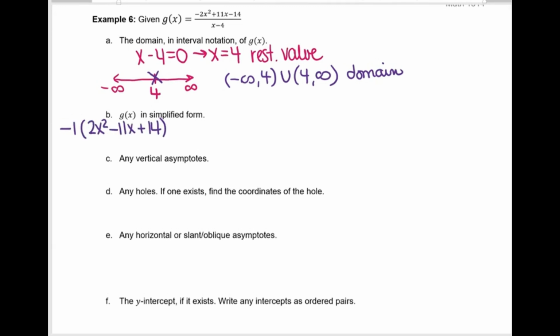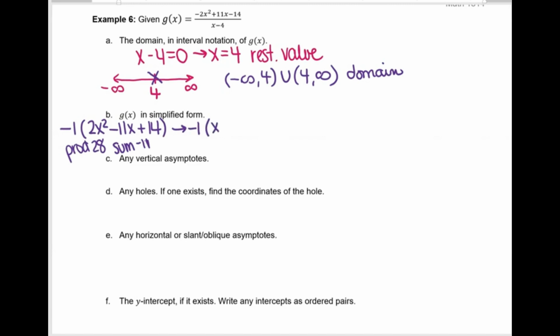If I go ahead and keep going, I would be looking for a product of 28 and a sum of -11. 4 times 7 gets me 28. When I add 4 and 7, I get 11, which means that I need to change the signs. My -1 is along for the ride.